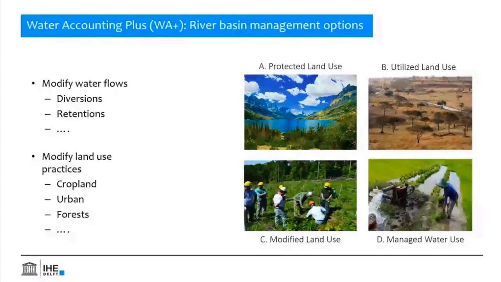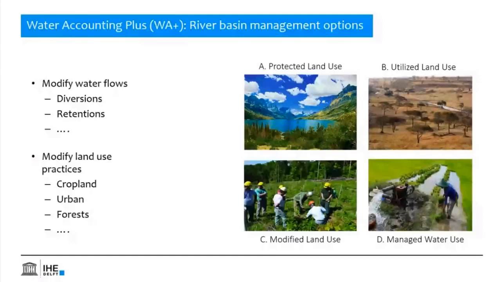Rain-fed cropland means there's some modification in the land use practice. For example, you turn a bare land into an agricultural area and grow some crop there, but it's rain-fed, which means there's no water flow modification. All right, I think again most people get the right answer, which is C, modified land use.